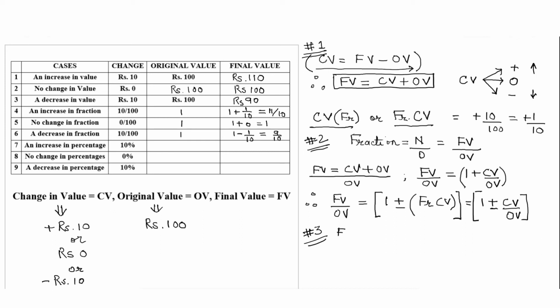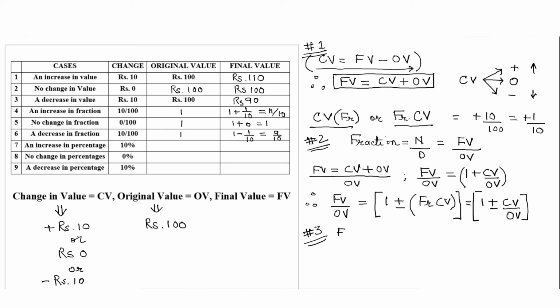When we talk about the final value upon original value, now we will talk about the final percentage, original percentage, and the change in percentage, because the terminology of the discussion also changes now, as discussed earlier. So when we're talking about fractions, then we talk about original fractional value, final fractional value, change in the fractional value, right?